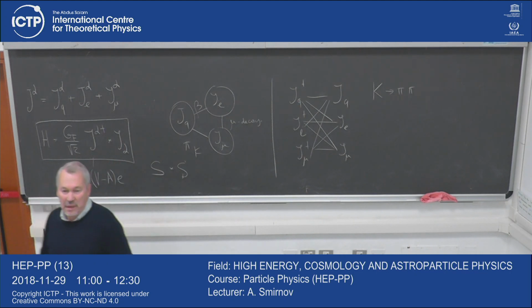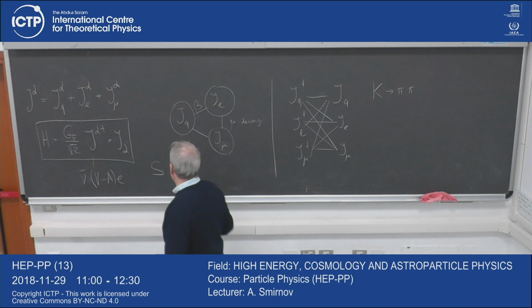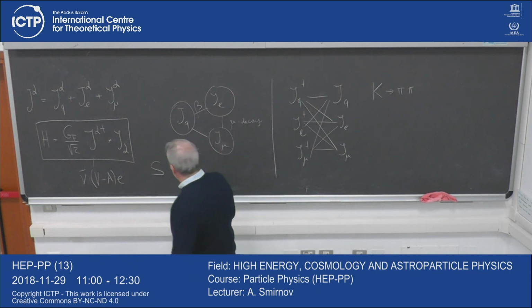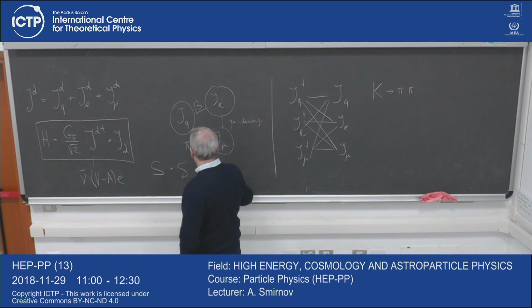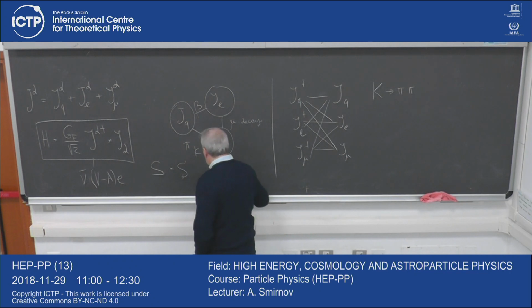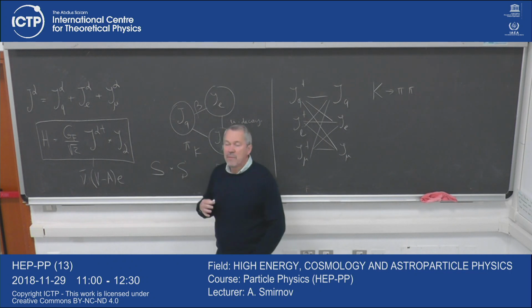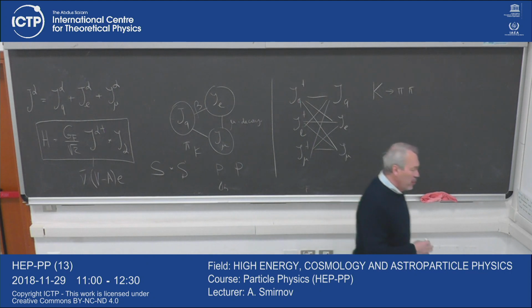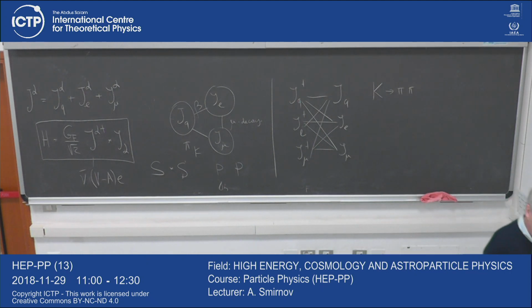So in general, you can write four fermionic interactions in a very general form using different structures. Okay, it can be scalar times scalar, or pseudo-scalar times pseudo-scalar, when we have only the gamma 5 matrix, not gamma mu and gamma mu gamma 5, but just gamma 5. Or you may have tensor sigma mu nu times sigma mu nu instead of the V minus A structure in the current.